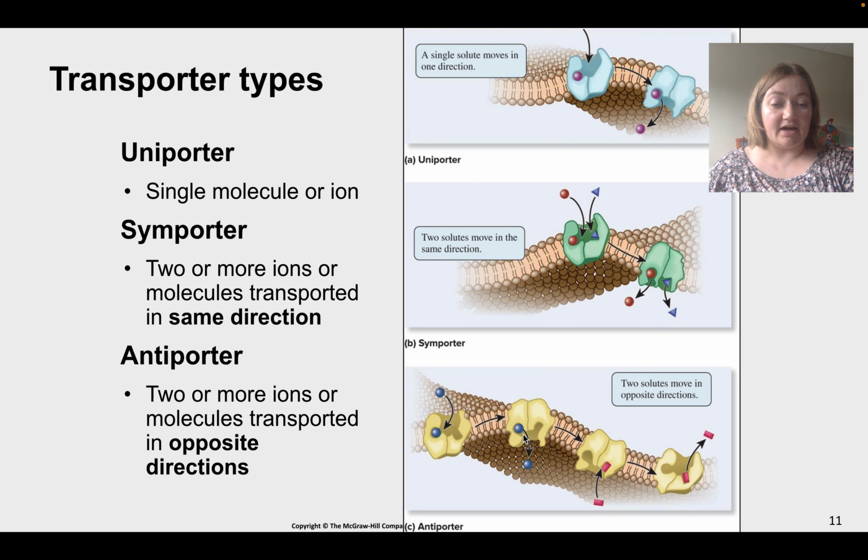Once the hydrophilic pocket is on the other side, this other type of molecule can bind and move back across the membrane in the opposite direction from the initial molecule. So we have molecules moving in one direction versus molecules moving in two directions, and the number of molecules that can move at a time.